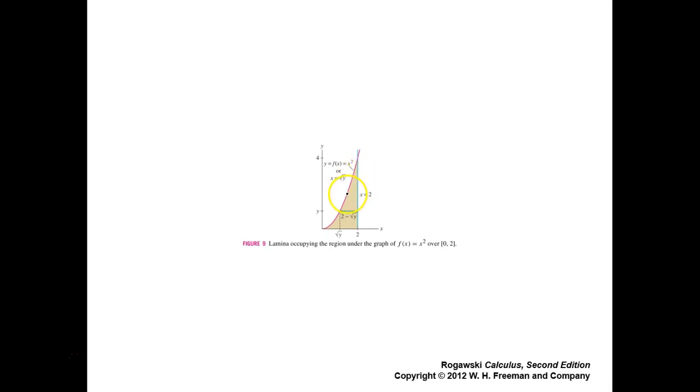So let's do the dx's first. There's your dx. Here is your f of x, x squared, and they like to call it m sub y, so I'll call it m sub y. It is equal to delta, which is your uniform density, so as you'll see, we're going to throw it away.